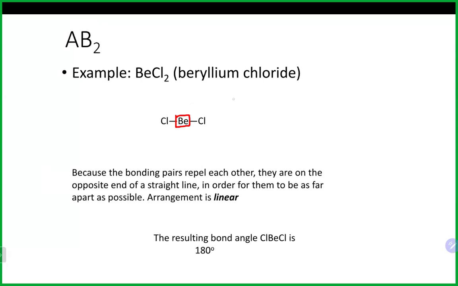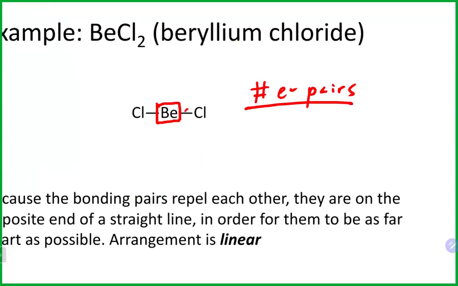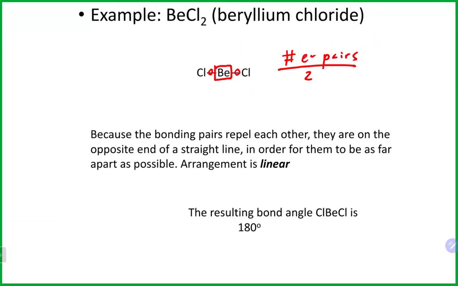When you're doing geometry, that is the only atom you should ever look at, the central atom, and what's happening there. Again, we want the number of electron pairs. When we look at this, there are two electron pairs. There is one for the bond and one for the other bond. So that is two electron pairs in this molecule.